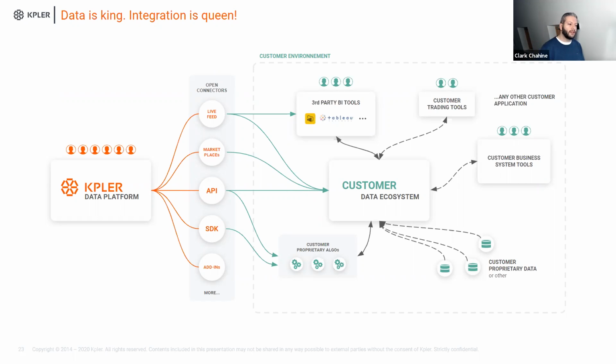We showed you the web application, the add-in, then the add-in only, then the API access for data management and data query, and then the SDK for more proprietary types of algos and models. The other things you see written here that we didn't talk about are marketplaces and live feed.